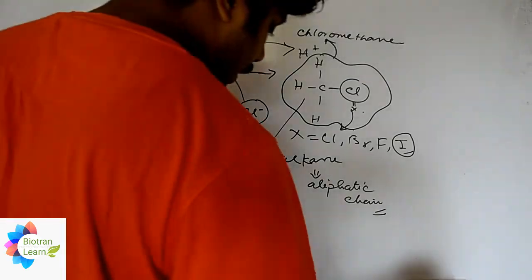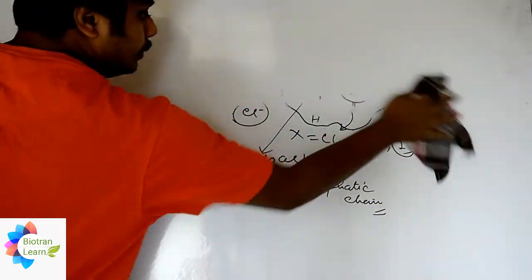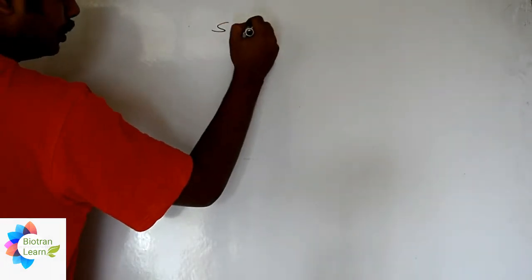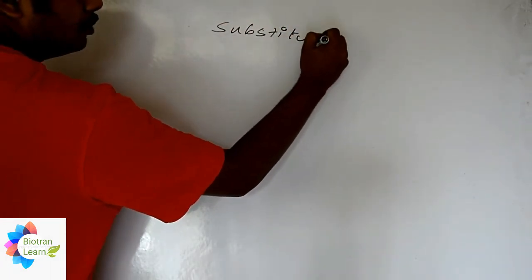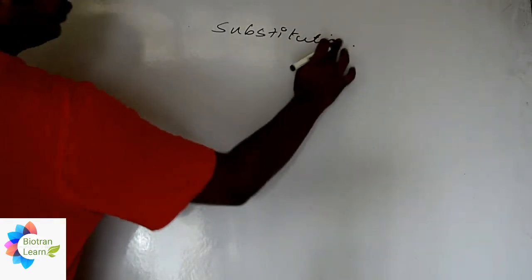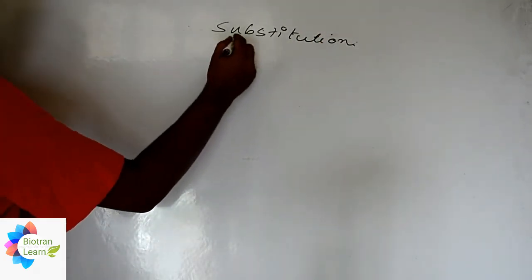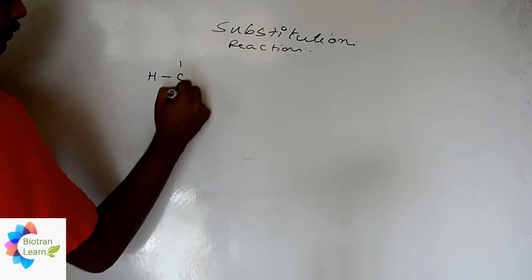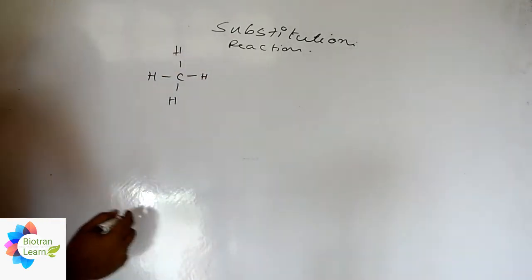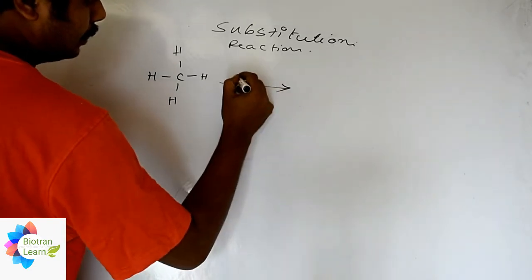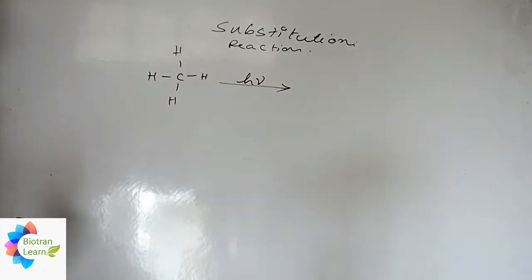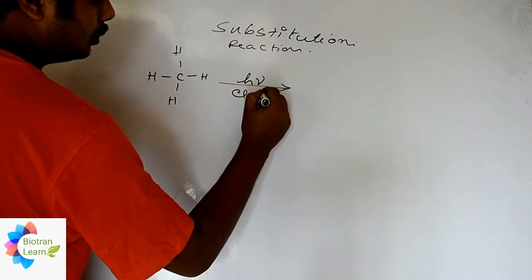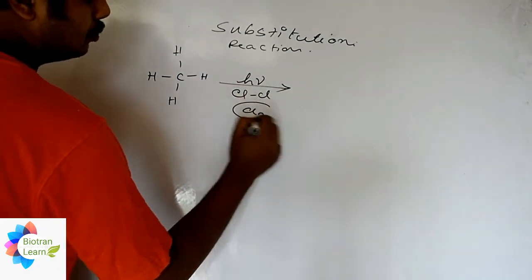Remember, in class 10th we have studied another thing. We have studied about preparing haloalkane, right? There was a substitution reaction in which this was methane, and if we kept that methane under sunlight in presence of chlorine, Cl-Cl, that means Cl2, right?